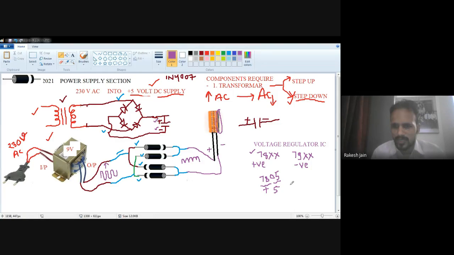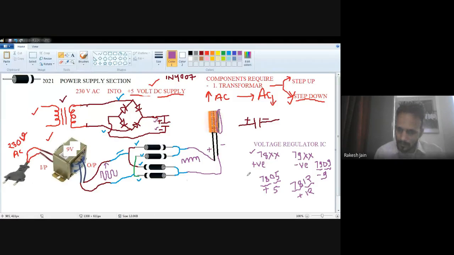For example, I purchase an IC from the market, that is 7812. 78 means positive and 12 means 12 volt, so an IC which will give you 12 volt DC. Similarly, if I say 7909, 79 means negative and 09 means 9 volt, so this IC will generate minus 9 volt.